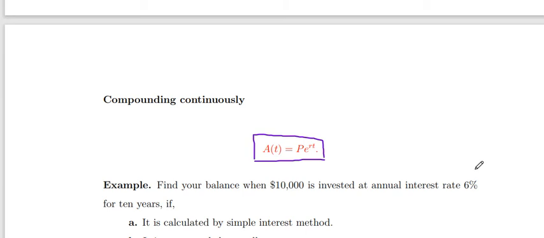So this is just a limit. However much more often you compound, at most you can only reach this limit. You cannot end up with lots of money, right? You have a limit. So let's check this.